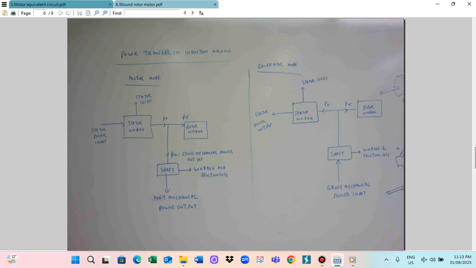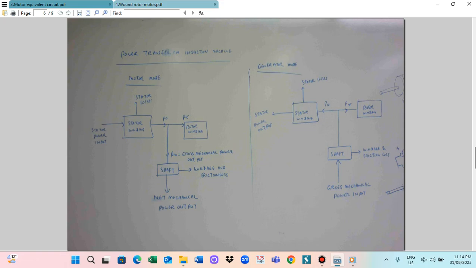In the motor mode, the input is taken from the supply. This is the stator power input, and some power is lost in the stator winding. So stator power losses, and from the stator output, power is transferred to the rotor winding (PR). The rotor winding power loss happens, and then some power goes to the gross mechanical power output, and it is provided to the shaft.